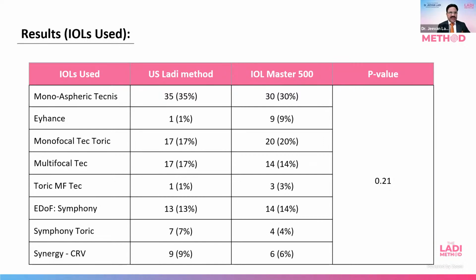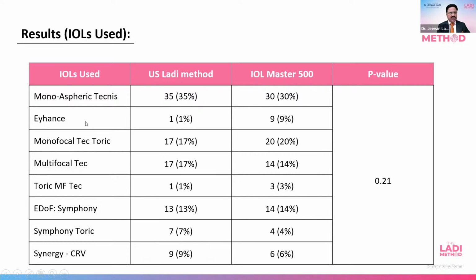The lenses which we selected were from Johnson & Johnson company to keep uniformity in the study as far as the A constant is concerned, as we saw in the previous picture. So monoaspheric, that is monofocal aspheric IOL, were 35% in the first group and 30% in the second group.